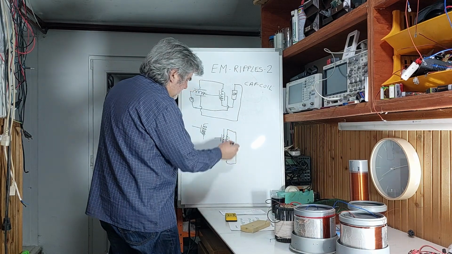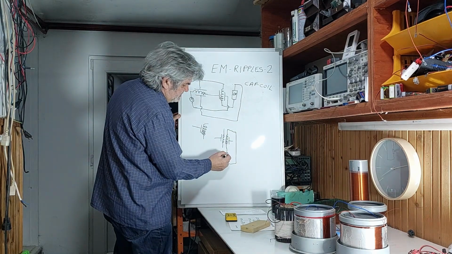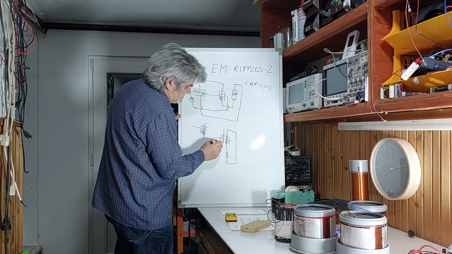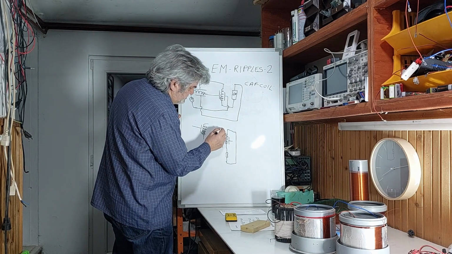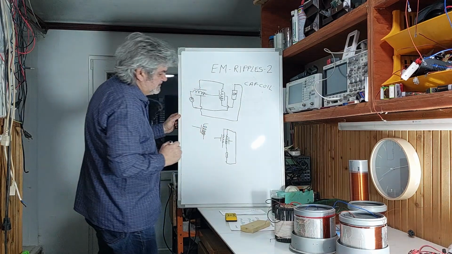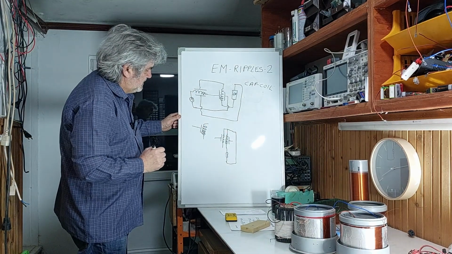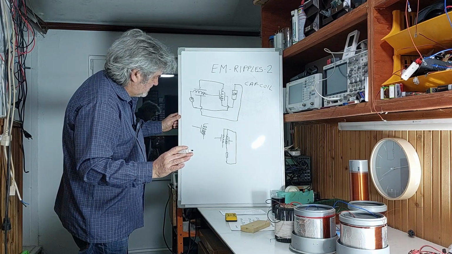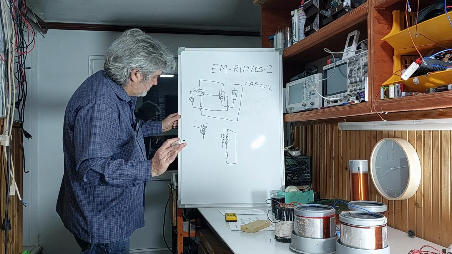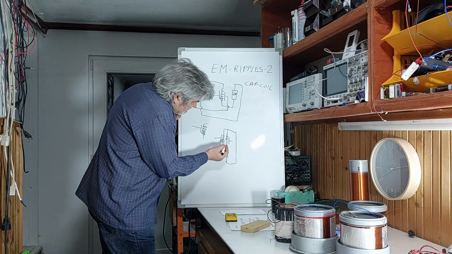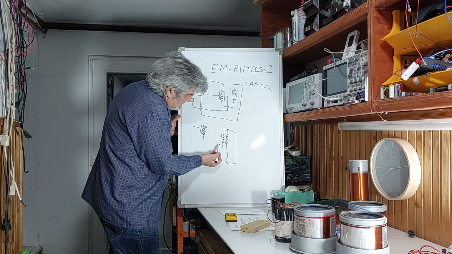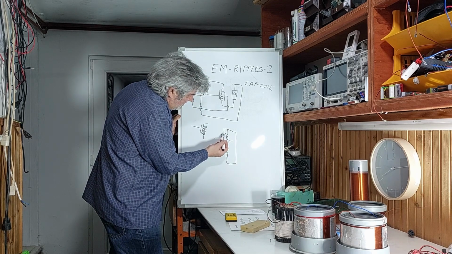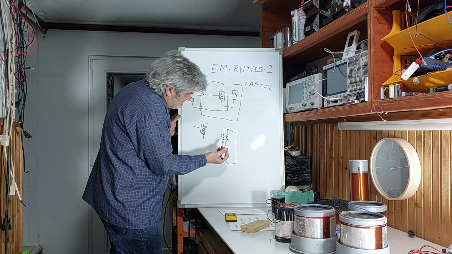There were several versions. This one wasn't in use. When I just connected like this, it changed the output. It boosted the output. I'm not sure that I can explain why it boosted.